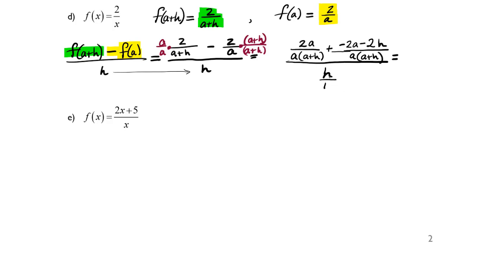This h doesn't really look like a fraction unless I write over 1. So that will give me in the numerator 2a minus 2a minus 2h all over a times a plus h times 1 over h. That's flipping the second fraction over and multiply.